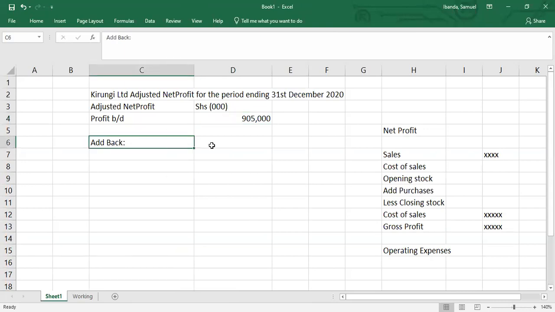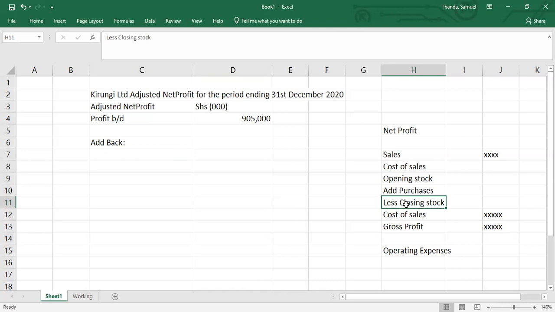Now, for you, what you may just do is you come here and say, the whole judgment here is, should we add back, should we less? Like we are saying, in this case, our closing inventory is losing value. So it means that our closing inventory is getting low. Now, you just ask yourself, as closing inventory gets low, how does that affect my profit?